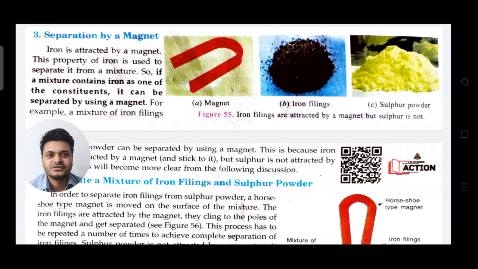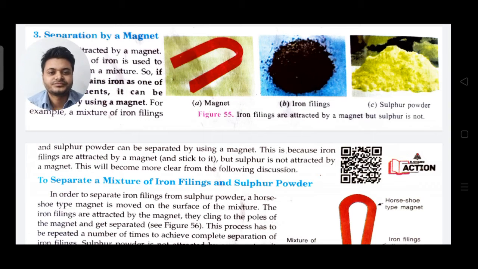a magnet. For example, you can see here the magnet diagram is given, the iron filings diagram is also given, and sulfur powder is also given. A mixture of iron filings and sulfur powder can be separated by using a magnet.